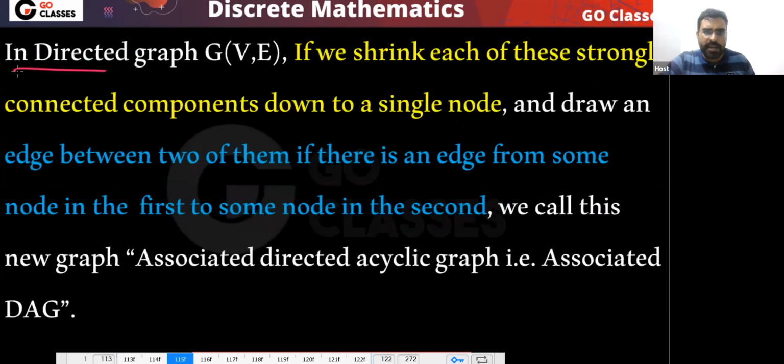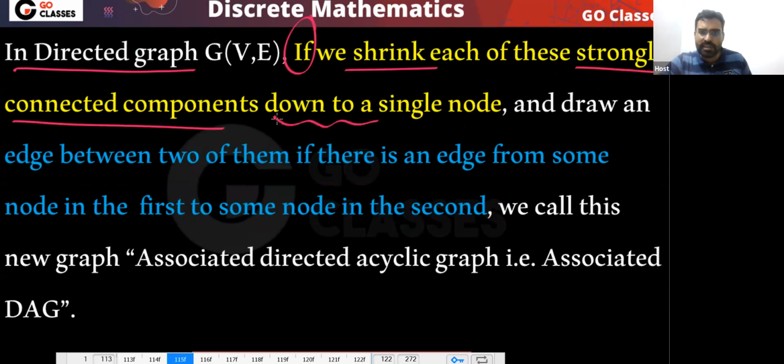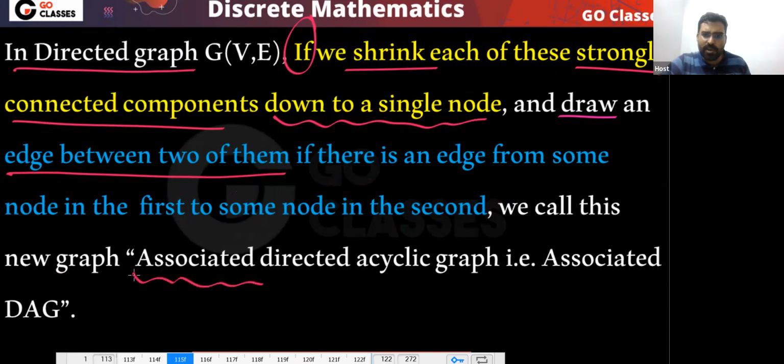In a directed graph, if we shrink each strongly connected component down to one single node, and then draw an edge between two of them if there is an edge from some node in the first to some node in the second, then the new graph that you get we will call the associated directed acyclic graph.